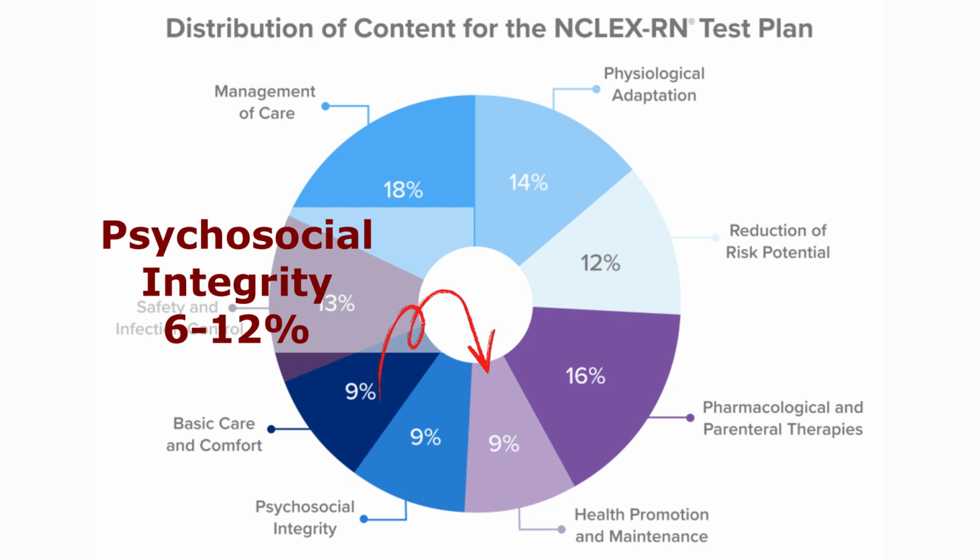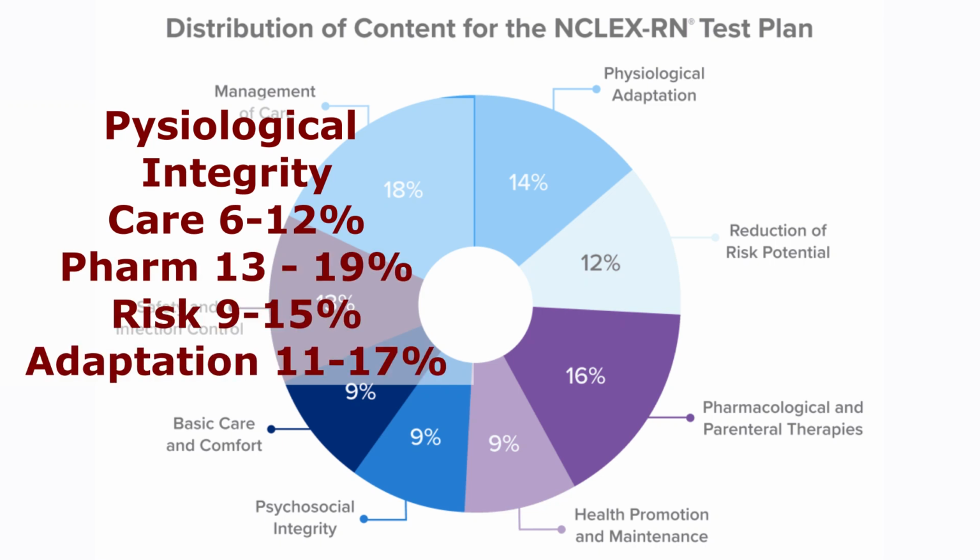Some of your legal issues will fall into this. Anything that is psychosocial. Now, when it comes to client needs, 6 to 12% of the NCLEX will make this up, and the content distribution will be about 9%.